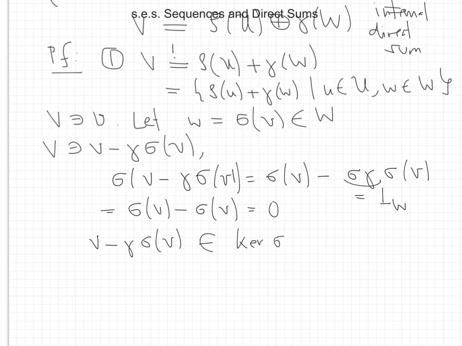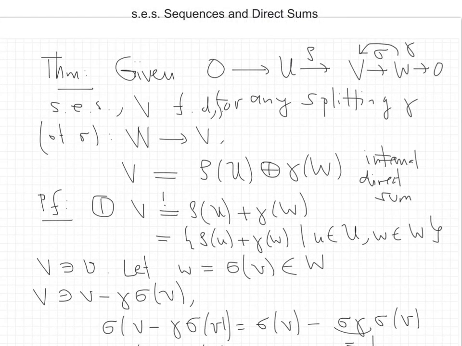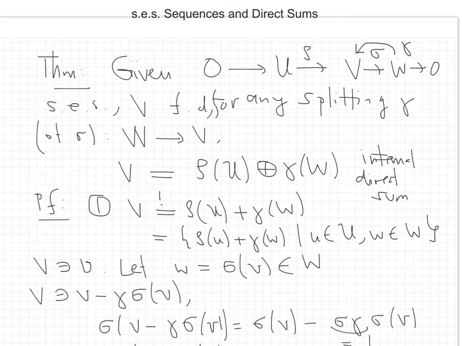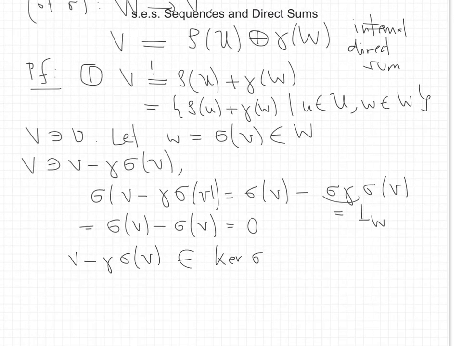But that's our main assumption, the exactness of that sequence, right? If you look back here, we know that the kernel of sigma is the image of rho. That was one of the three important conditions here.